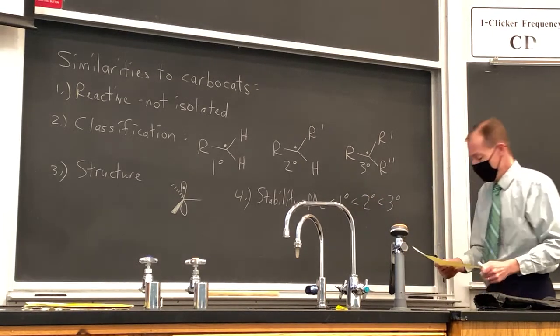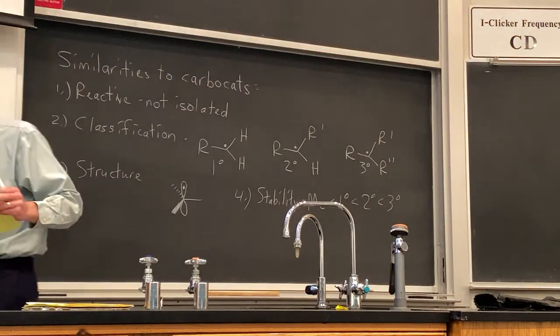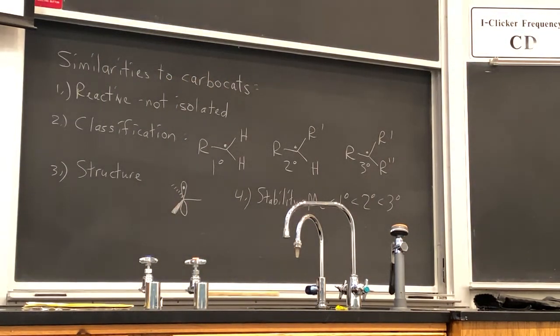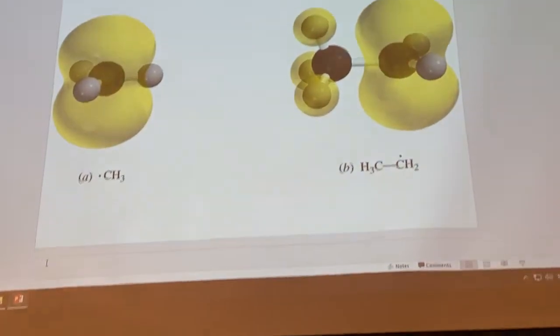Alkyl groups can donate electrons. A carbon-bearing radical is electron deficient because of that unfilled orbital. It doesn't have a positive charge, but it does have an unfilled orbital. And so you can donate electrons to that unfilled orbital if you have electron-donating alkyl groups.